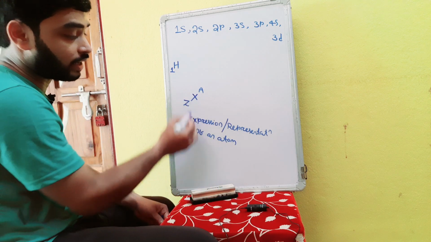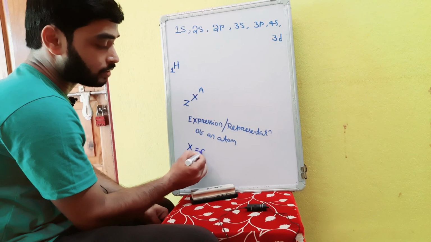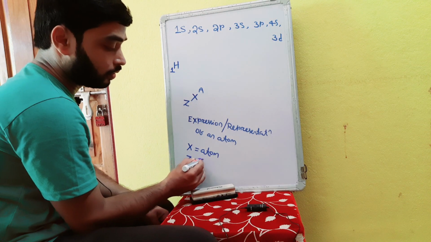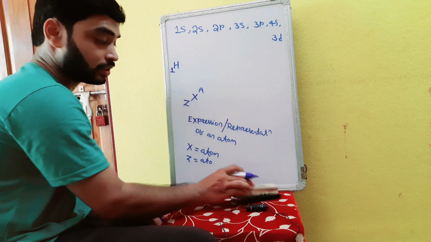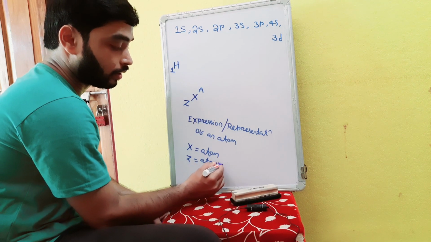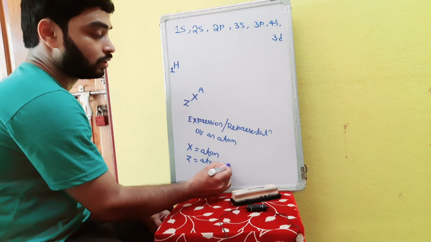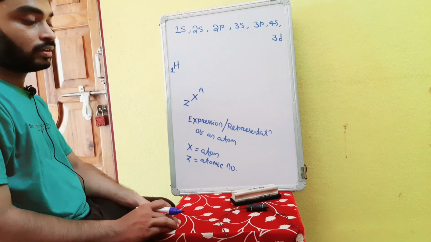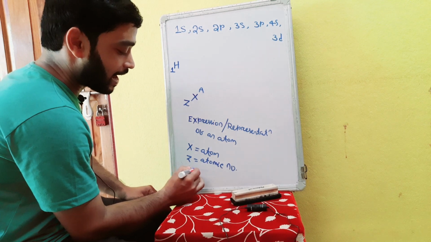X is the atom of an element, Z is the atomic number, and A is the atomic mass.